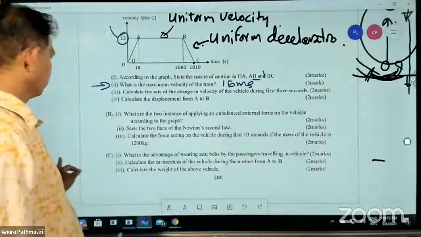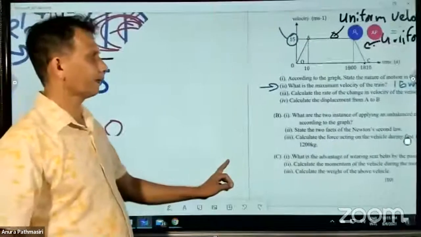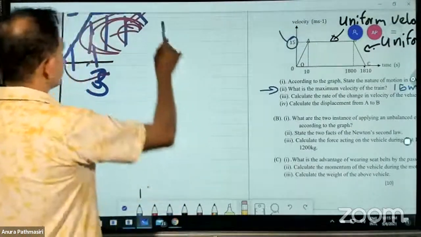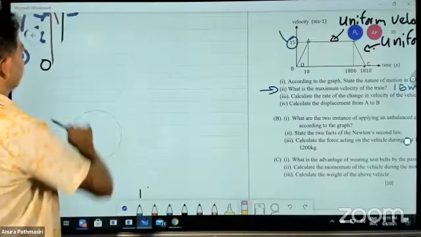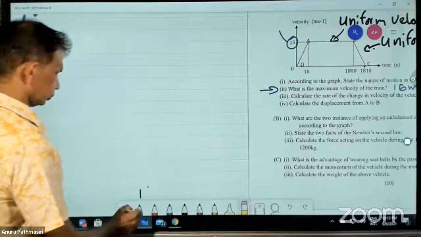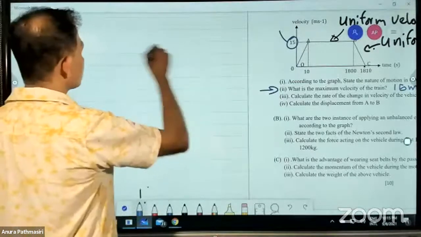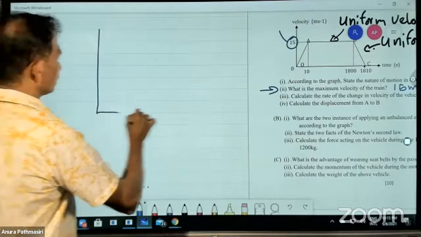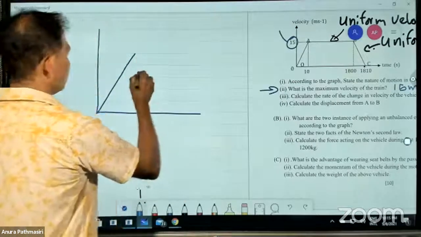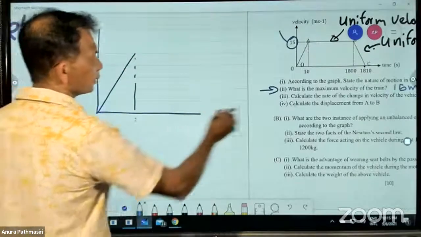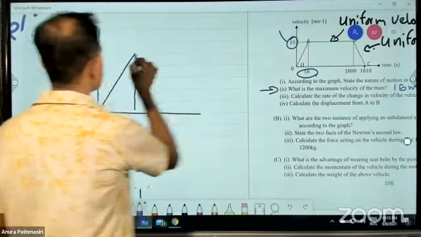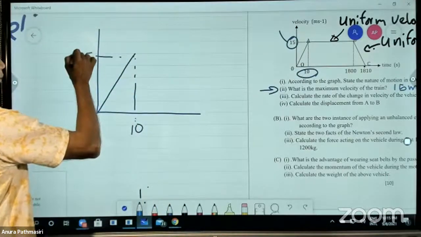Did you find the answer? No. This says when the graph is something like this, and if the value is 10 over here, and this is 15, right?